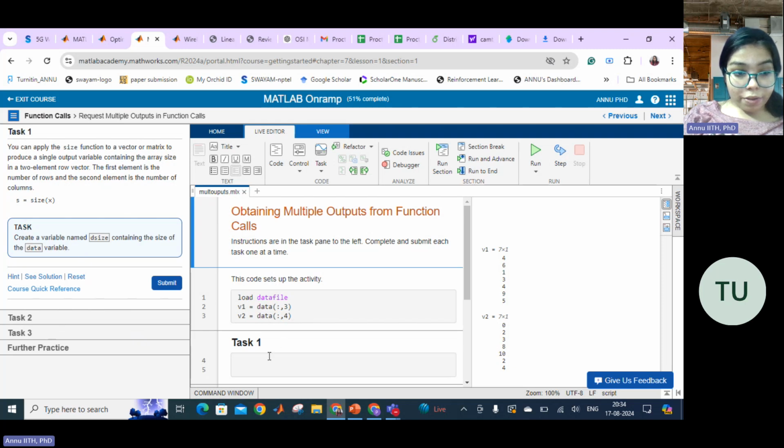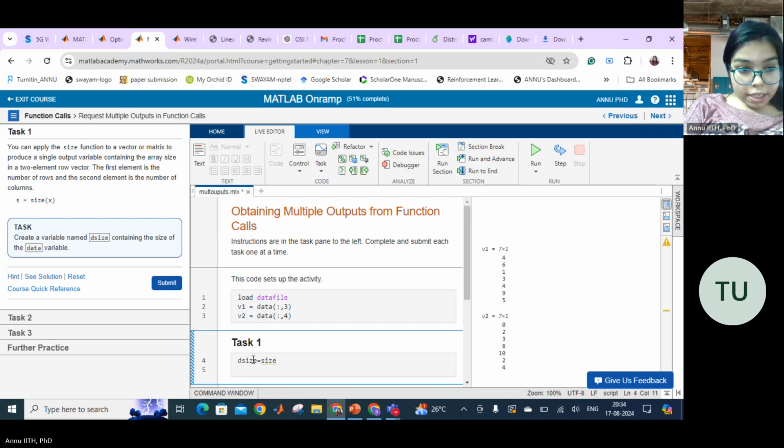We write size equals size of data, where data is the data file coming from the command window workspace. I can see the data value also. Let's first run this one.